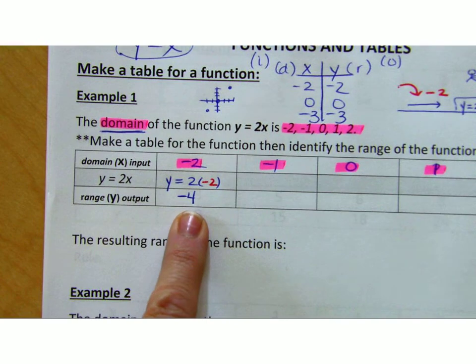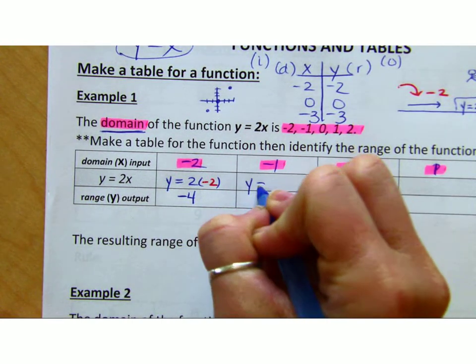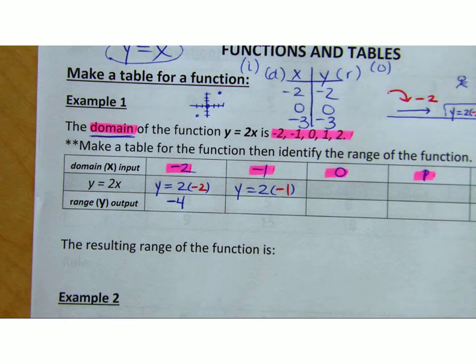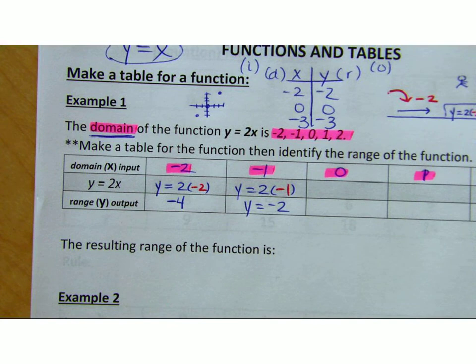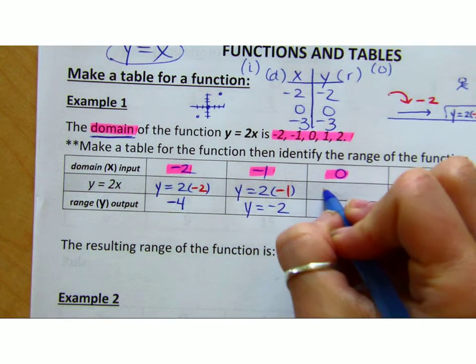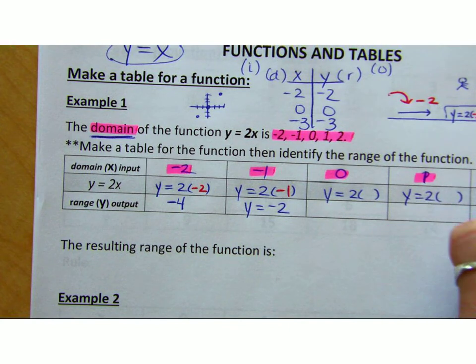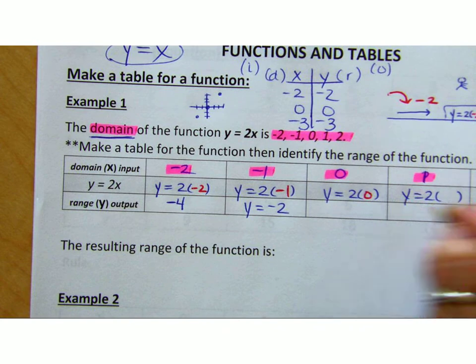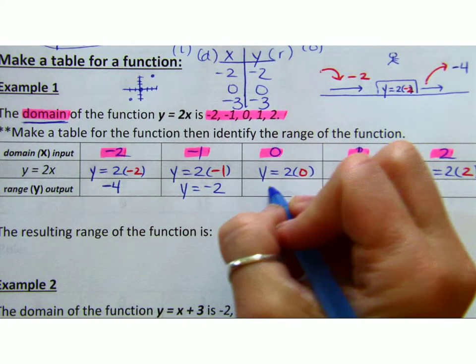Now I have to do that same thing for -1, 0, 1, and 2. Okay? So if my y value is going to be 2 times whatever my x value is, then this time my resulting y value is -2 and so on. I know you guys can do this in your head, but for right now, this is 0, this is 1, this is 2. So when I input these, I get my output.